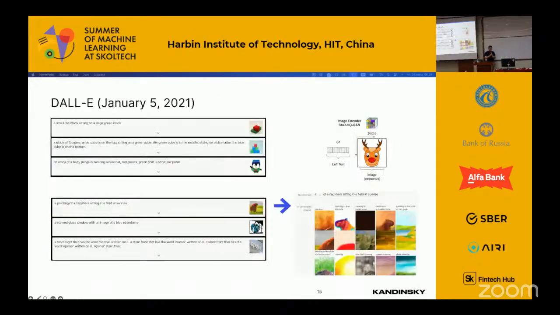I talked about DALL-E. DALL-E the first was published on January 5, 2021, it was an autoregressive model, from text tokens to image tokens. They used a vector quantized VAE to represent the image.